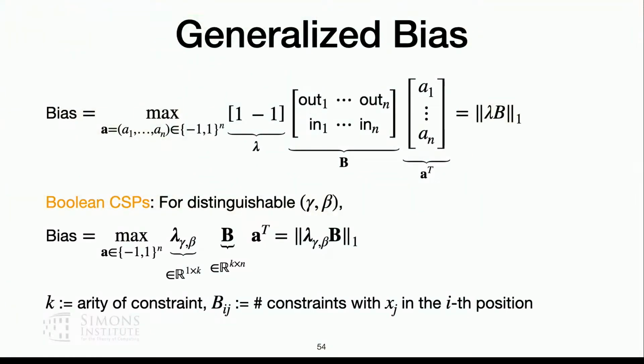But in your question, if you just have one type of constraint, I can forget that because it's the same constraint that's applied on all sets of variables. So all I ask for is how many constraints there are with my variable, let's say xj, in this particular position, and that's all this information. Sorry, I should have made it clear. I'm assuming in this definition that it's just one type of constraint. Okay, thanks. Good question.